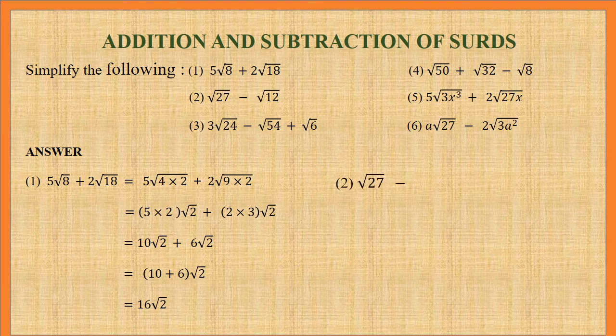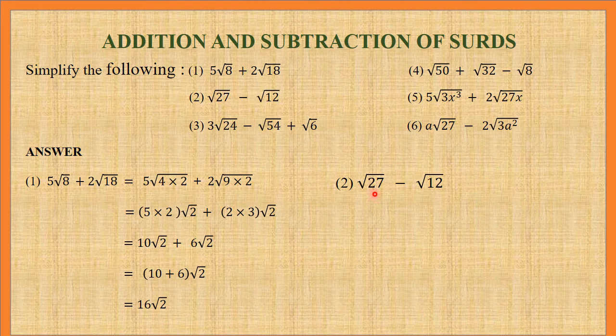Then for example 2, we have square root of 27 minus square root of 12. We can't subtract right away because the radicands are not the same, so we check to see whether we can simplify.